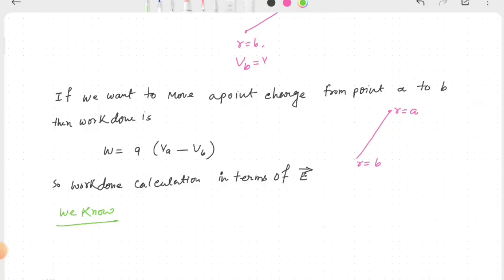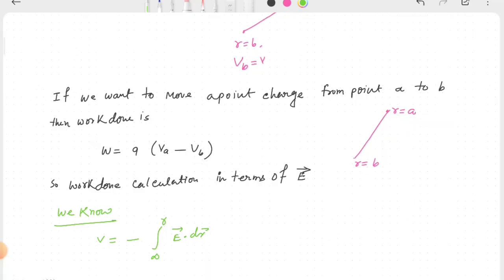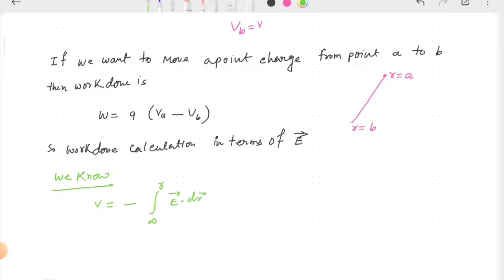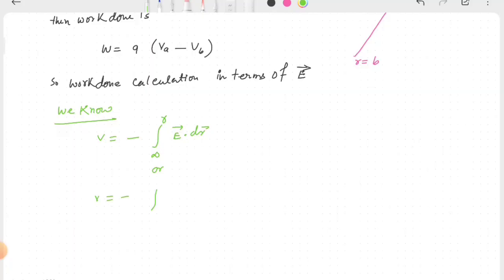The relation between electric field and potential is V equals minus integral from infinity to R of E dot dr. And this is the first case, when the charge is moving from infinity to a finite point R. The second case is the potential difference equals minus integral from A to B of E dot dr. This is the second case.